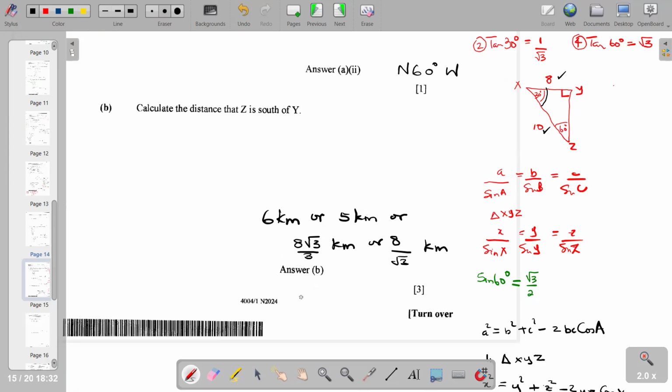Lastly, if you use the cosine rule, you realize that this one was also accepted, which is the square root of 164 minus 80 root 3 kilometers. It was also acceptable.